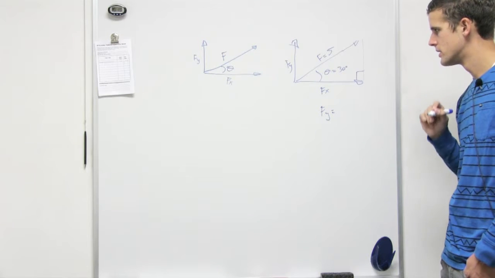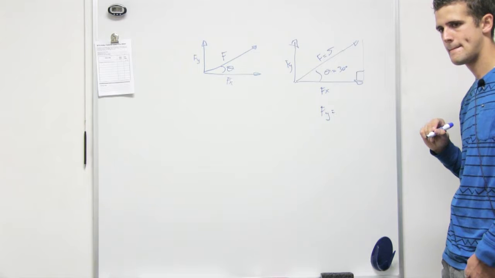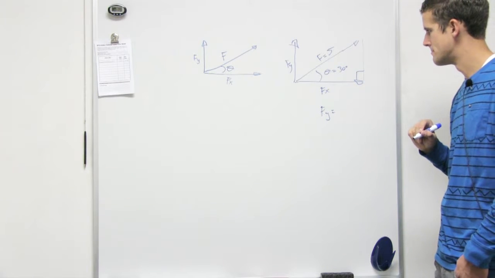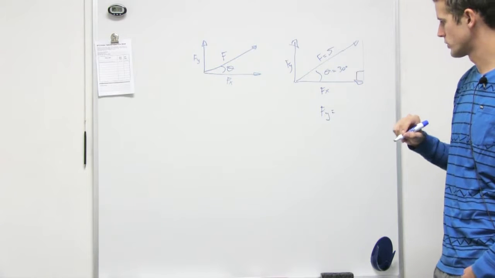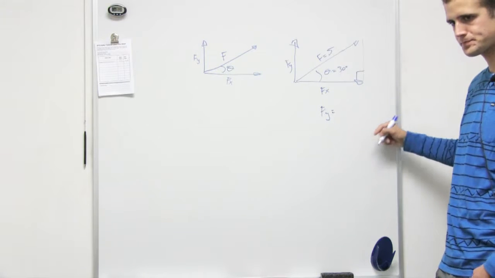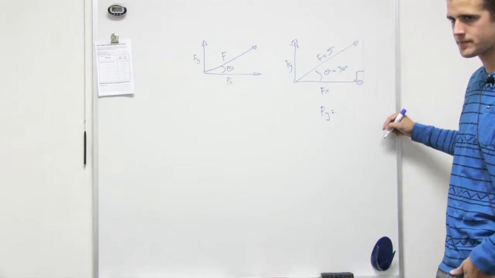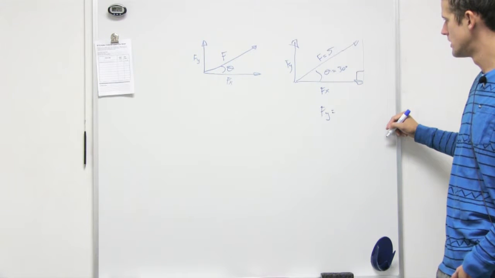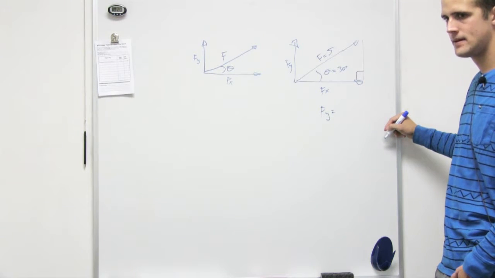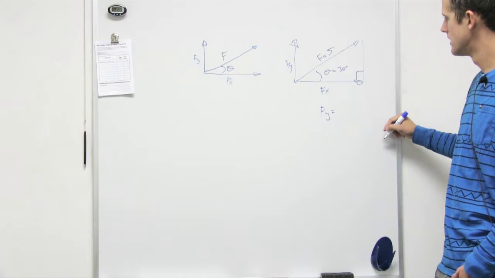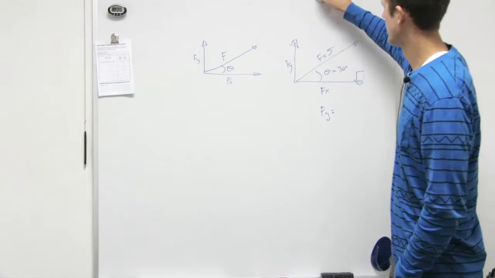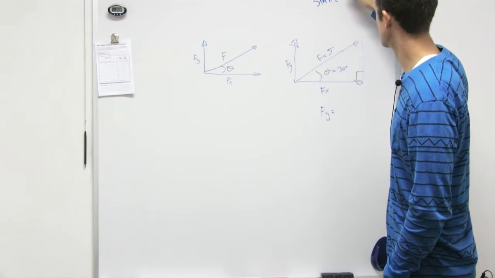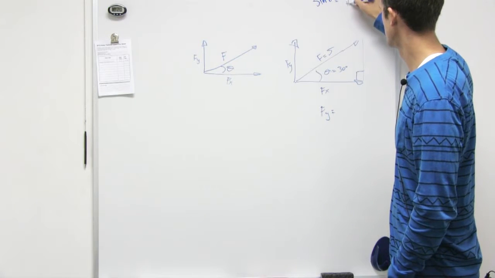Let's see, Fy is like sine and like cosine, right? So which one would we use for the y component? Sine is the opposite over the hypotenuse.